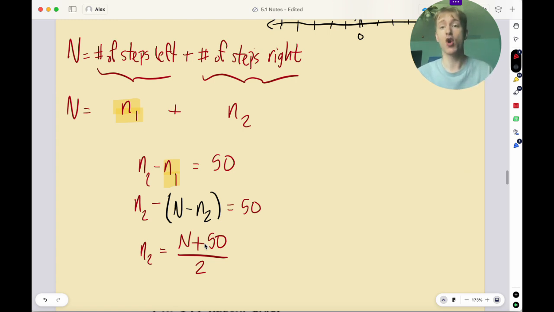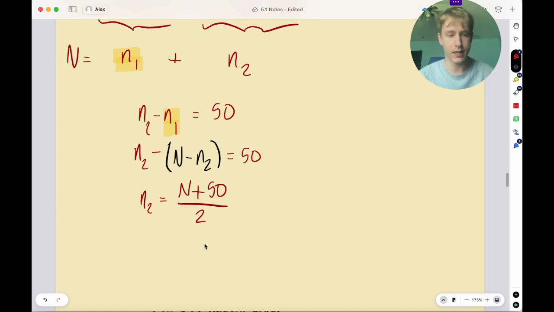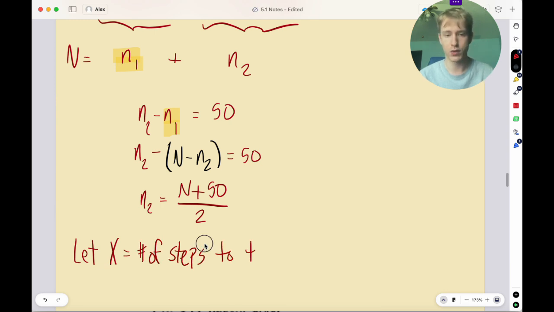It's a binomial variable because it's the number of successes in capital N Bernoulli trials, where each trial is either to the right or it's not to the right. That is our event that is either a success or not a success. Let's define that a little more formally. Let capital X be the number of steps taken to the right.